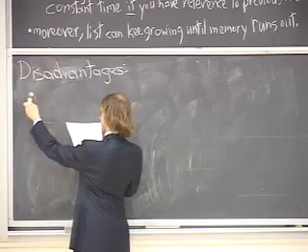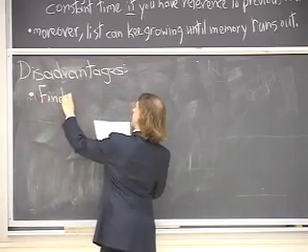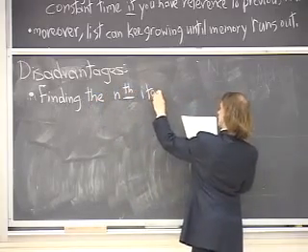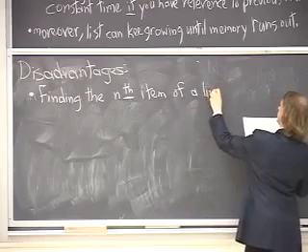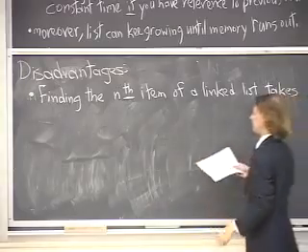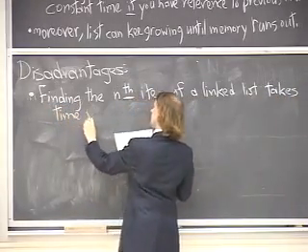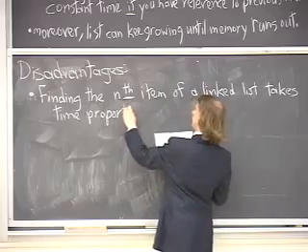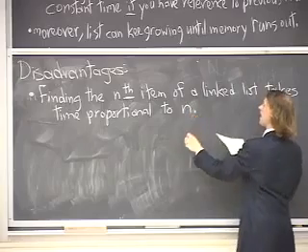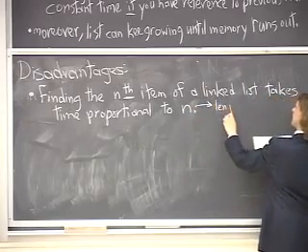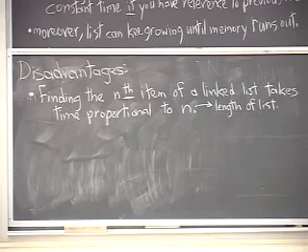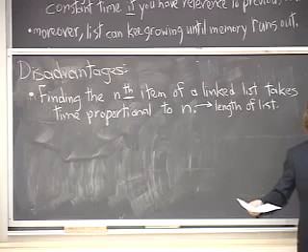Well, finding the nth item of a linked list takes time proportional to the length of the list. Let's just call it n. The number of items in the list is n. Also referred to as the length of the list.